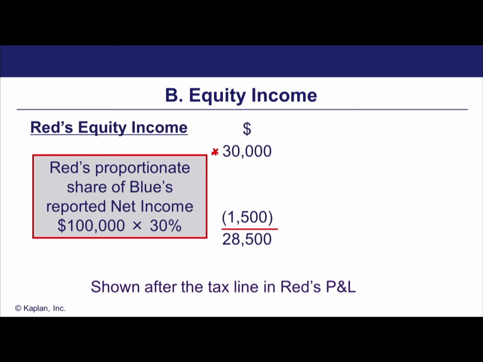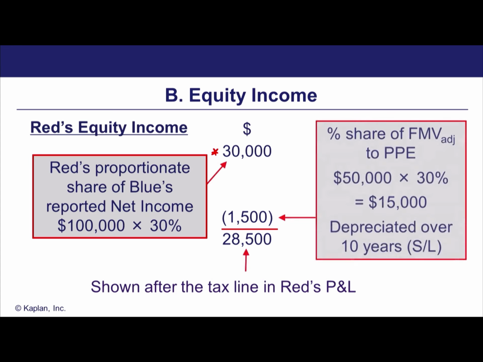Now that's going to mean there's more depreciation going through the accounts. Our share of that PP&E adjustment, 30% of 50,000, gave us 15,000. And we're depreciating that according to its depreciation policy, straight line, 10-year period. So 15,000 divided by 10 years gives us 1,500.